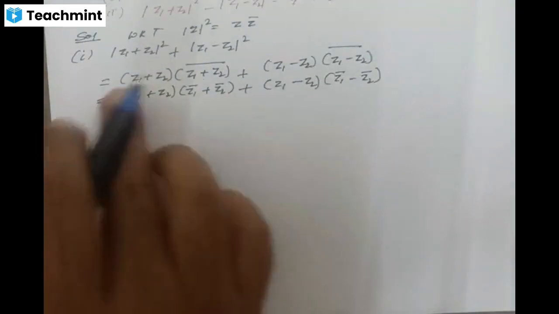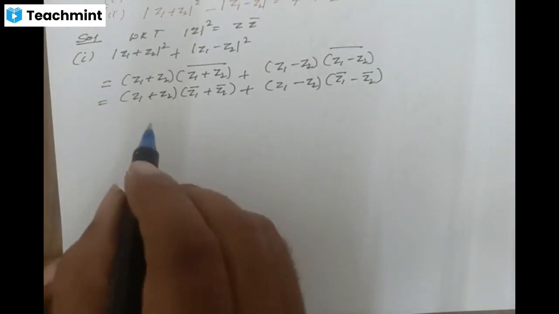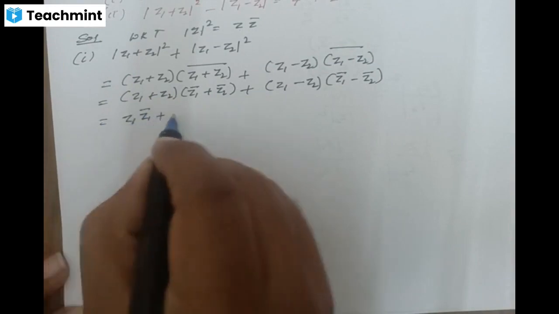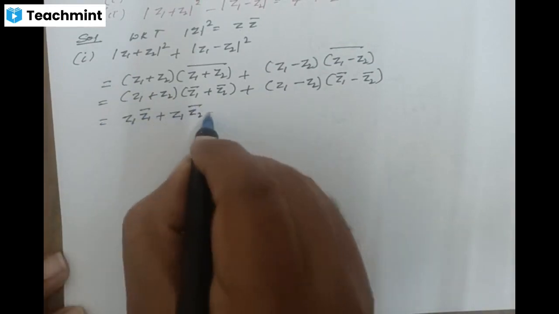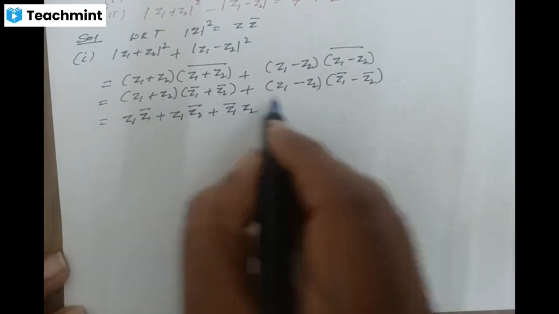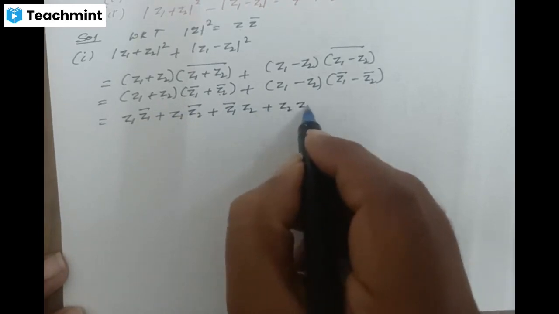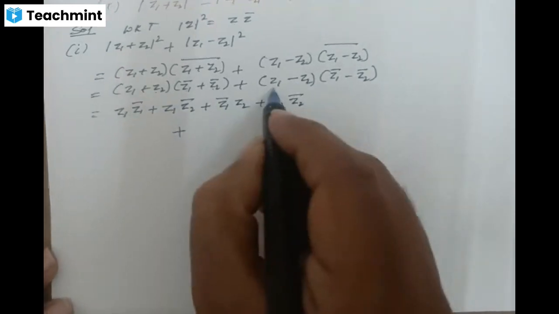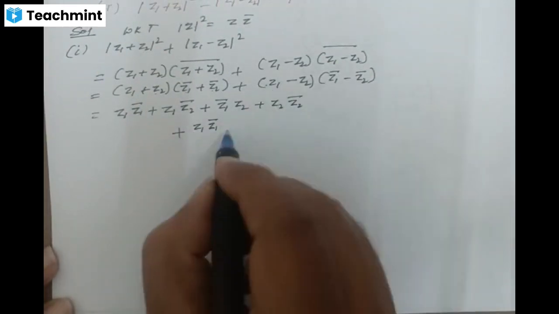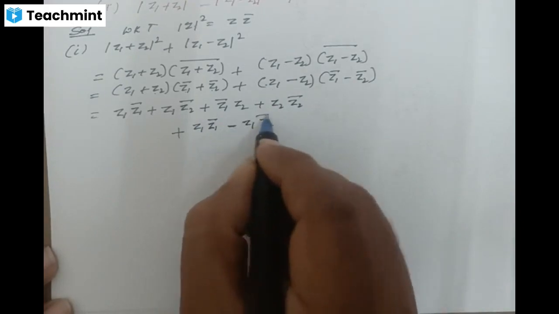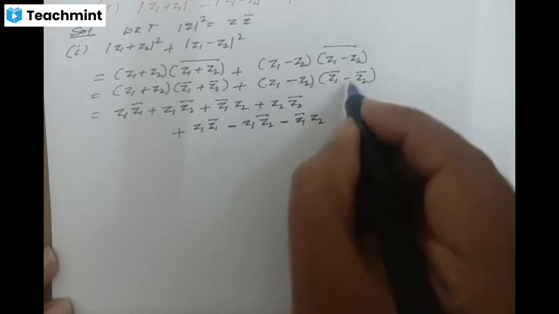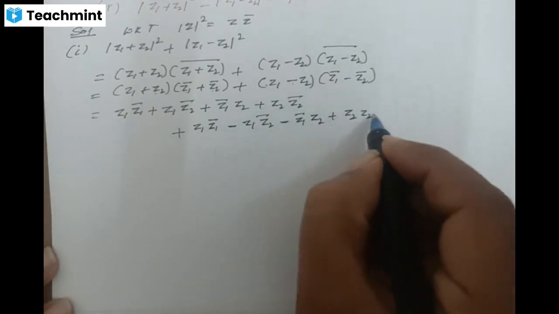Now we can multiply. Z1 into Z1 bar plus Z1 into Z2 bar plus Z1 bar into Z2 plus Z2 into Z2 bar, and next Z1 into Z1 bar, minus Z1 into Z2 bar, minus Z1 bar into Z2, plus Z2 into Z2 bar.